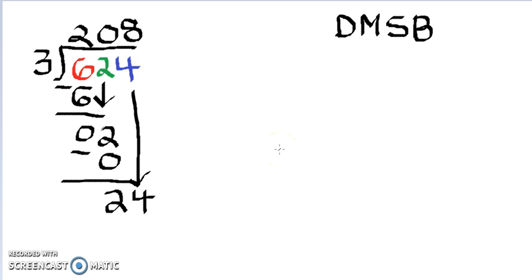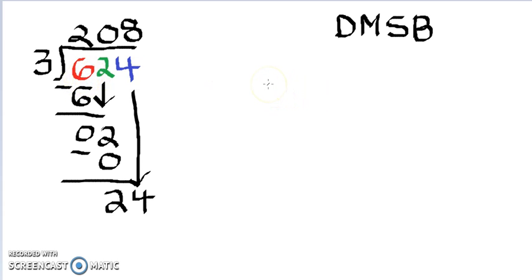But in the Common Core standards, we're asked to understand division by using place value to understand it as well. So really, when we're dividing 624 divided by 3, the 6 here stands for 600.